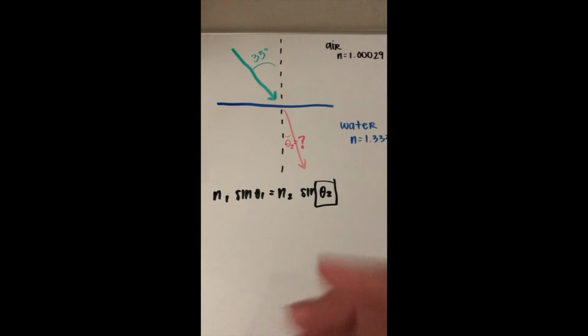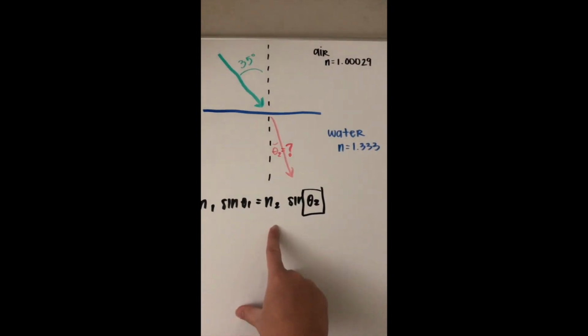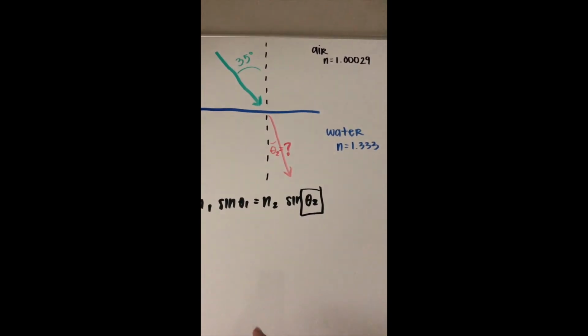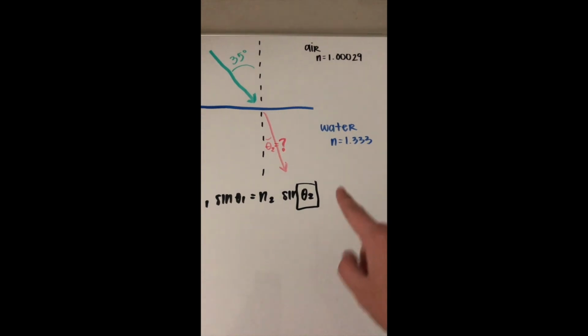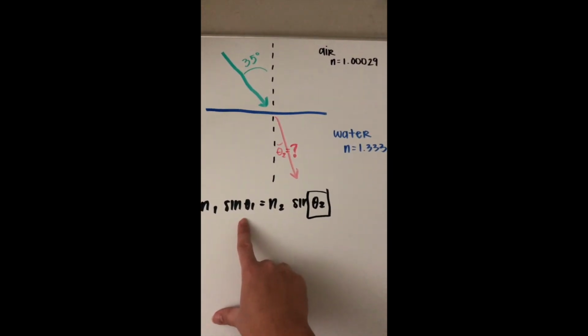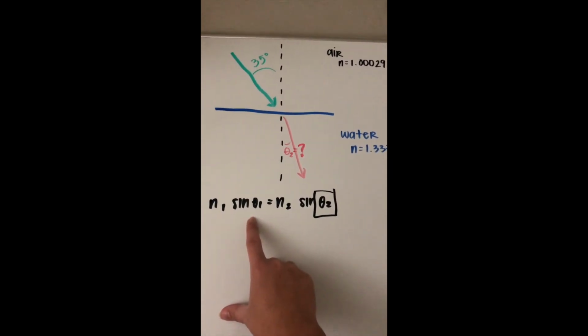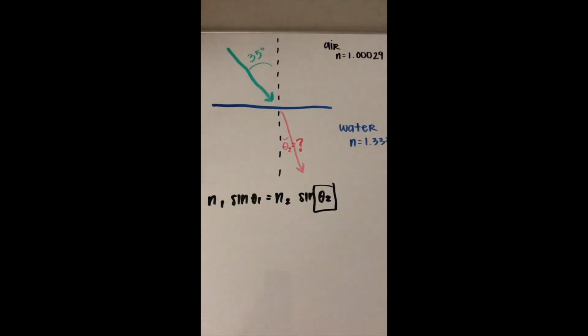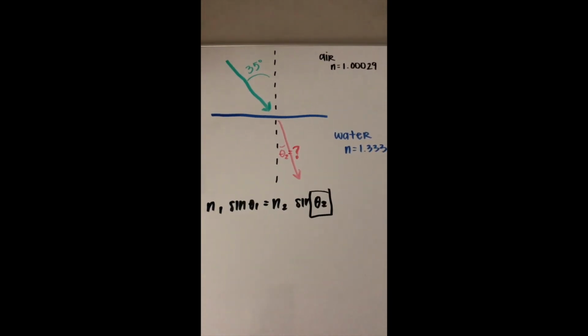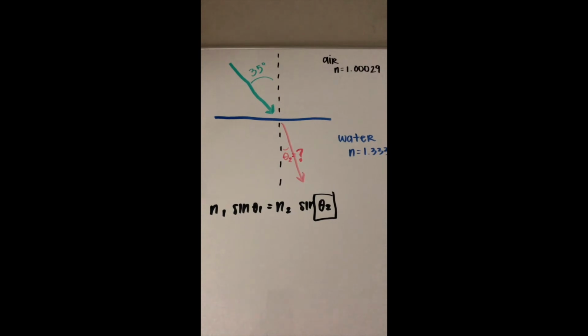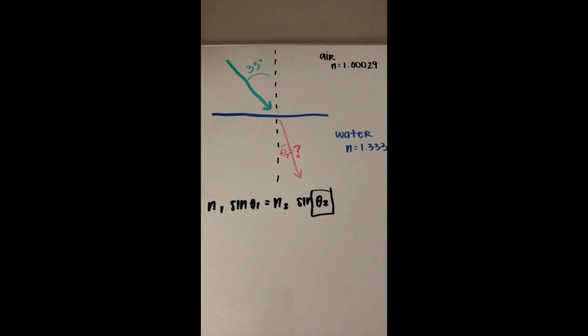So in this example, we are given both n1 and n2, which are just the index refractions of air and water, and then we're given the angle of incidence, which is 35 degrees up there. So all we have to do is just plug in these numbers and solve for theta 2.